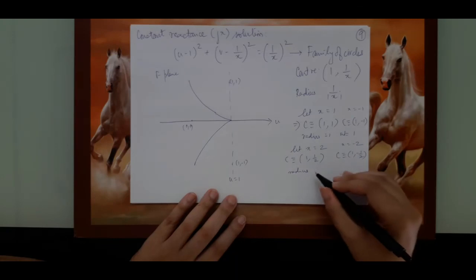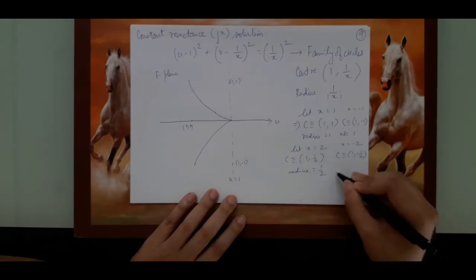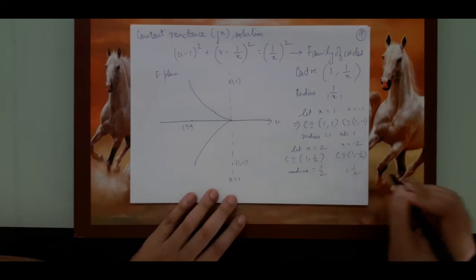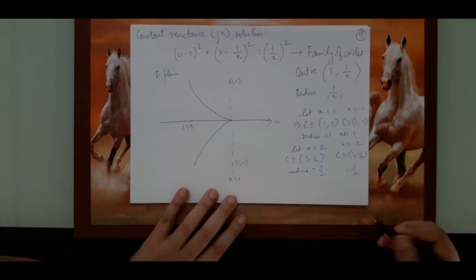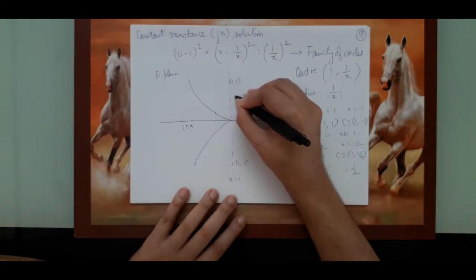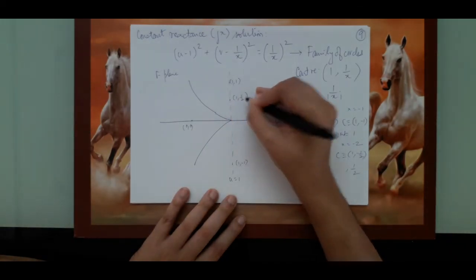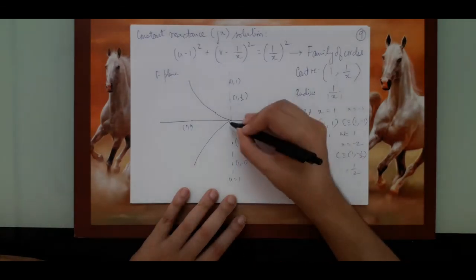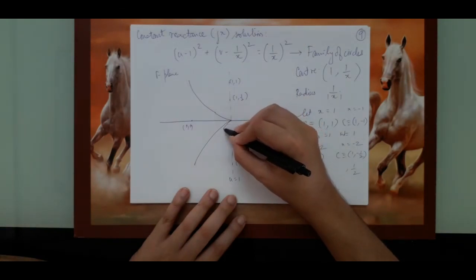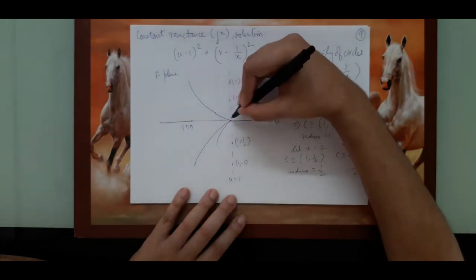So the radius in this case will be half, and in this case will also be half. So what will that look like? 1, half will be here, and 1, minus half will be here. So therefore it will look something of this kind. The circle will be smaller.